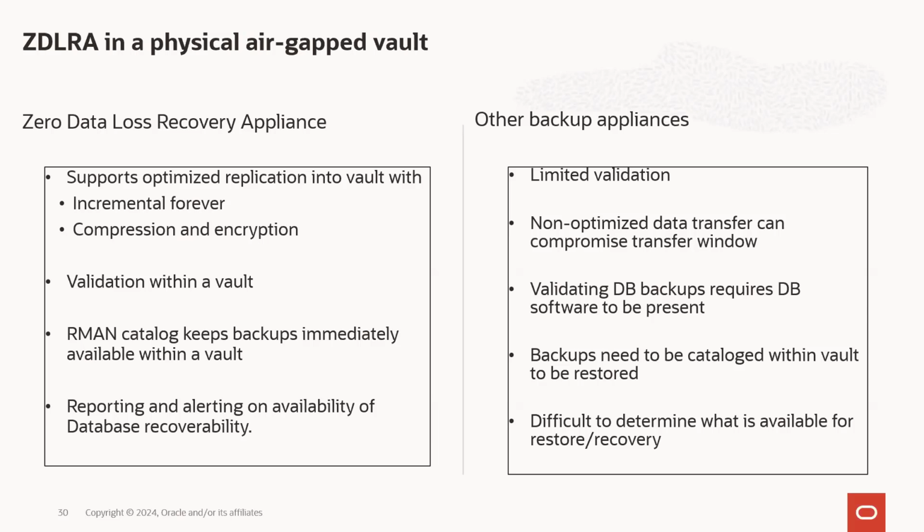Validating the DB backups requires database software. So the restore validate, you have to have the database software out there in order to do that check. And you have to catalog the backups, and it's difficult to determine what the availability is for the backups that are sitting in the vault.